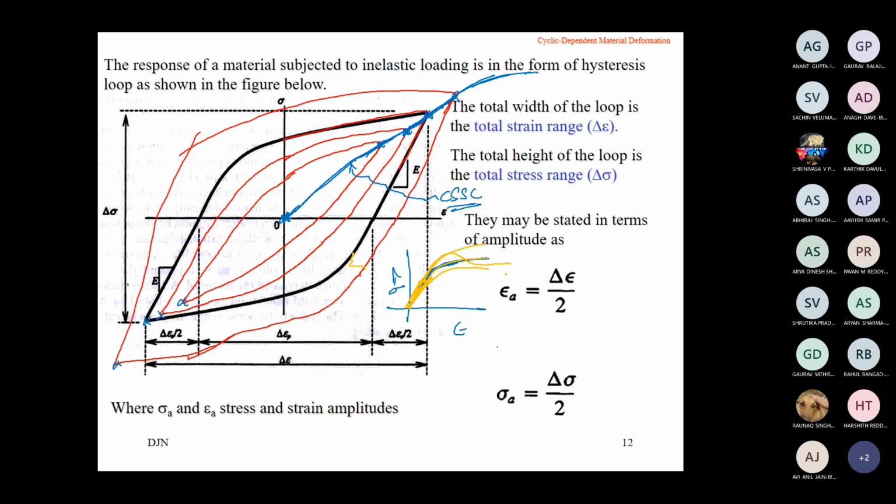What does it mean if the cyclic stress strain curve does not follow the same path as the monotonic curve? If it follows the lower path, that means under cyclic load the material is getting softened, not strain hardened. If the path followed by the cyclic stress strain curve is greater than the monotonic curve, then the material is getting cyclically hardened.